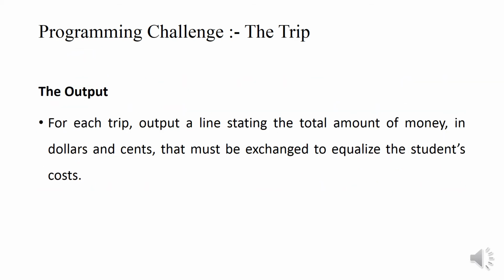When you execute your program, this is how the output is produced. For each trip, the output is a line giving the total amount of money in dollars and cents that will be exchanged to equalize the student costs.